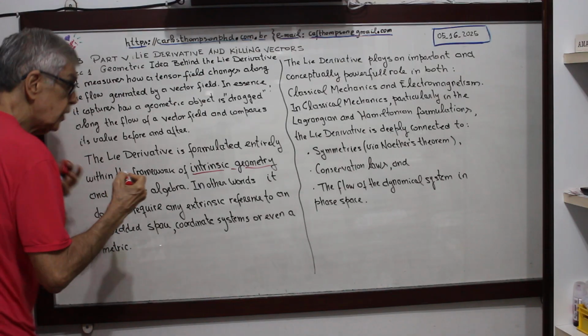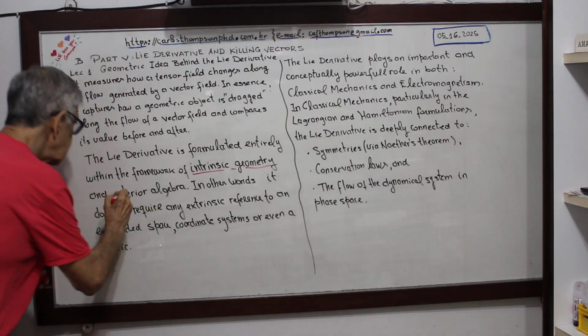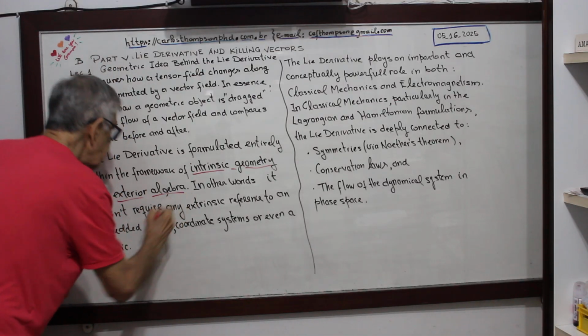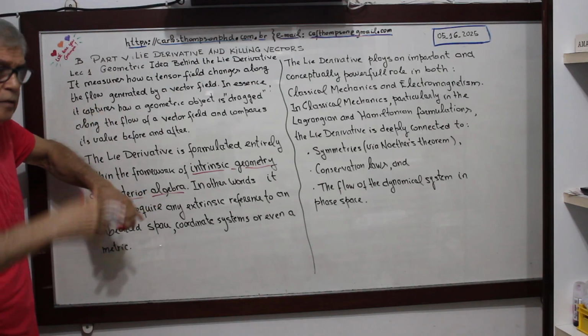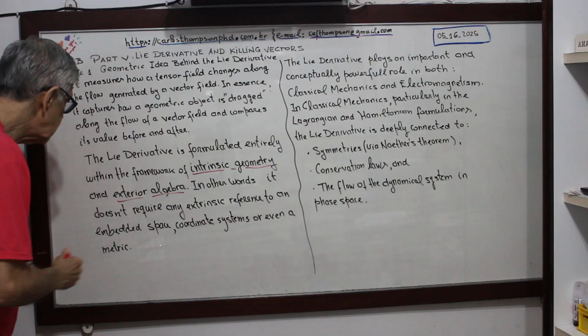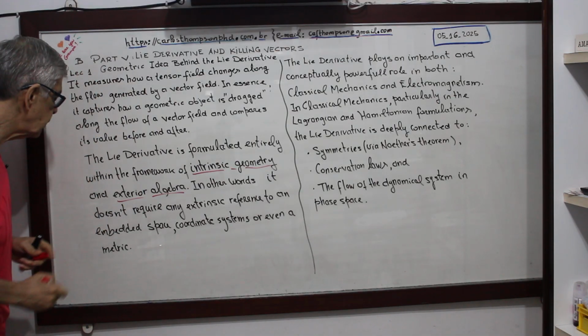And the tool for the intrinsic geometry is the exterior algebra. You see this ahead, okay? In the later parts.